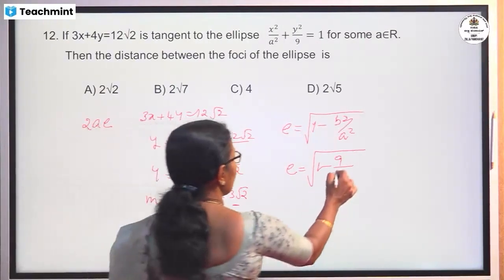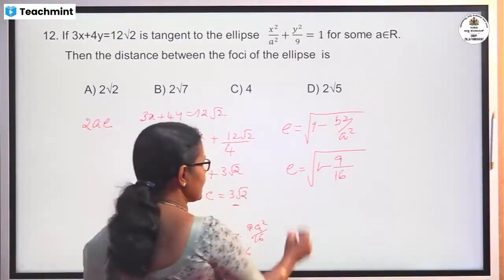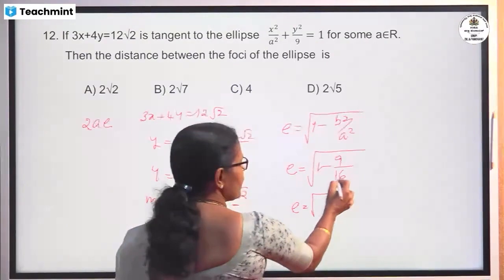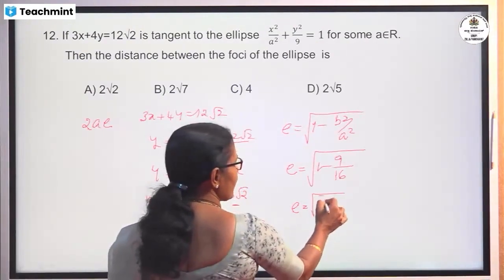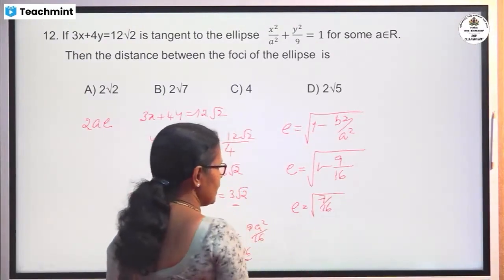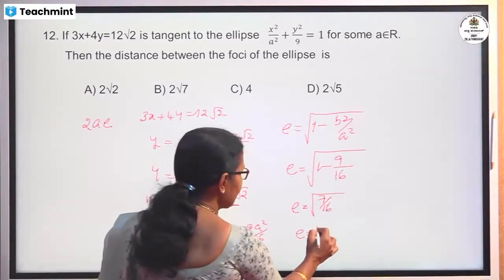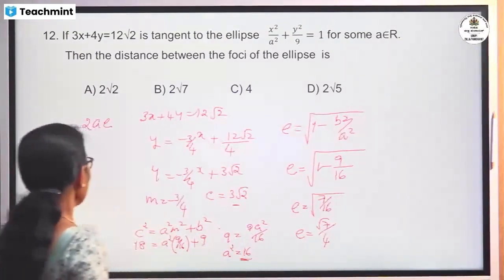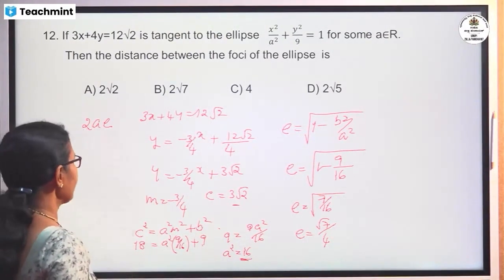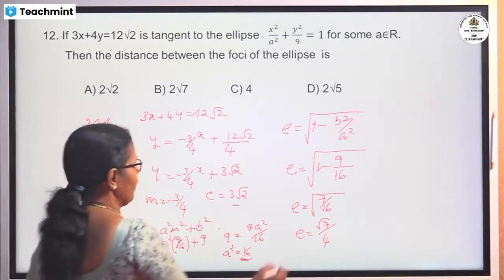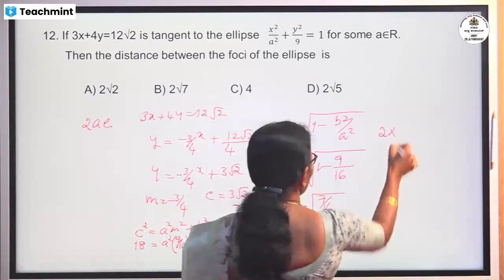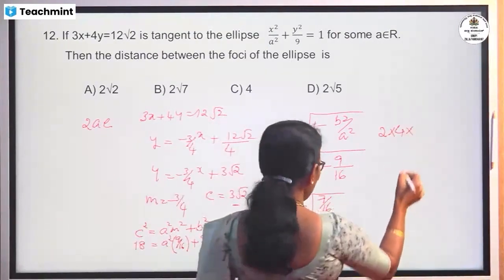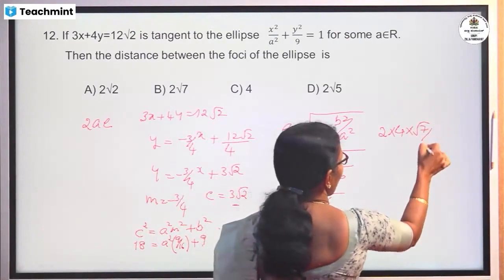So substitute a square is equal to 16, then E is equal to square root of, taking the LCM, 16 minus 9 means 7 by 16. E is equal to root 7 by 4. Now 2AE is 2 into 4 into root 7 by 4.